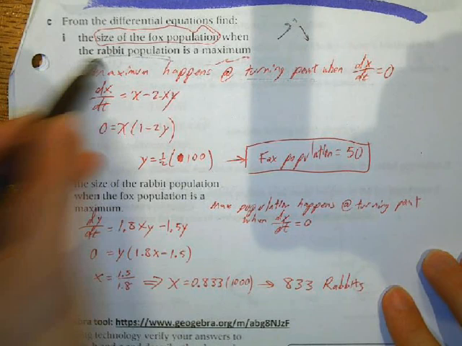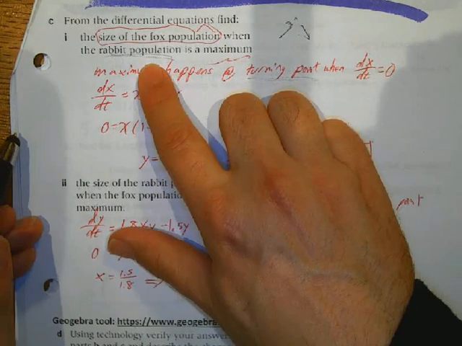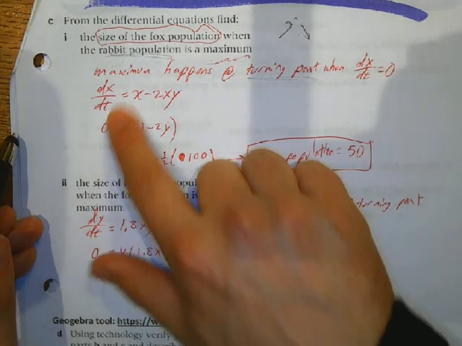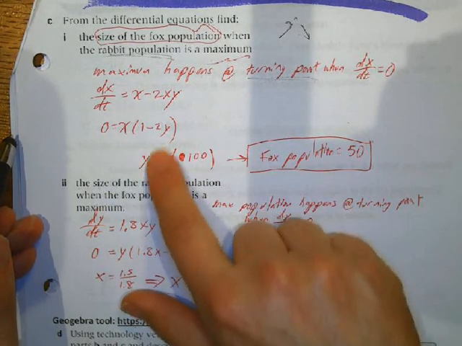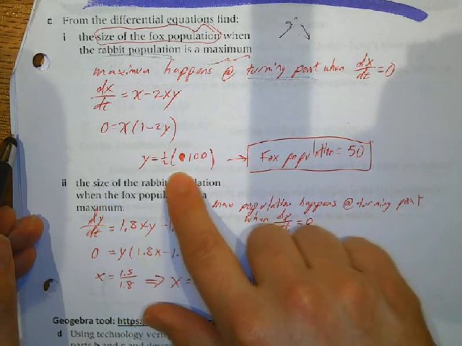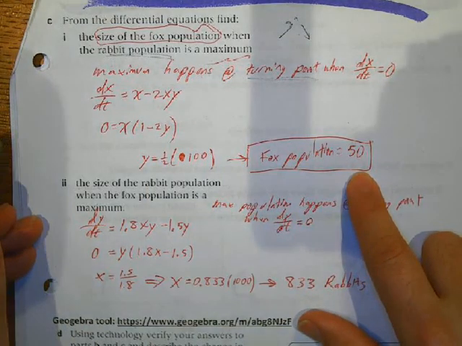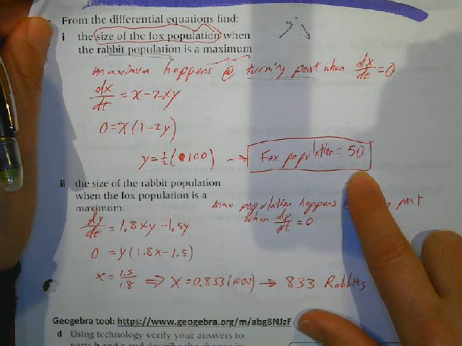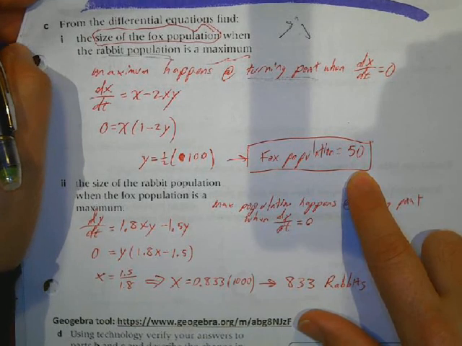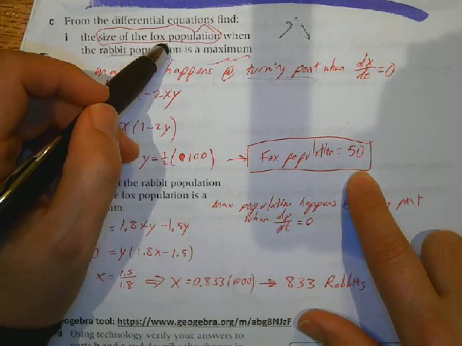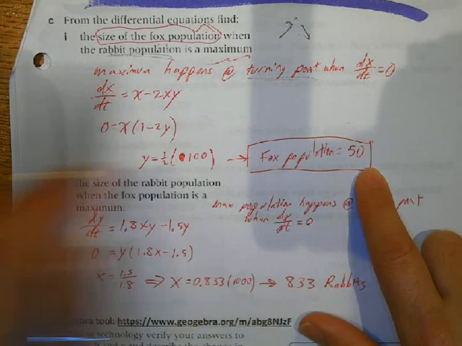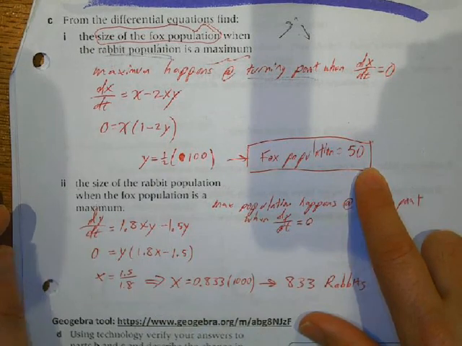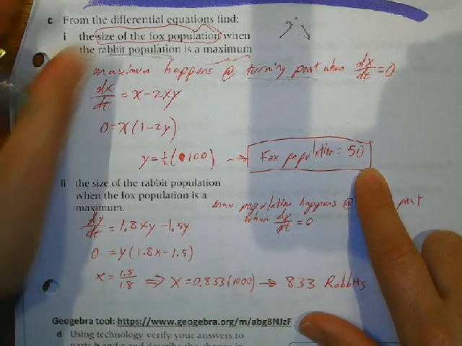So to figure out a maximum population for rabbits, we need to make the rabbit derivative equal to 0. And so if we do that, the factors, it's going to be at a population of 50. So when the fox population is 50, we have a maximum rabbit population. And that's going to show on the graph in just a minute.